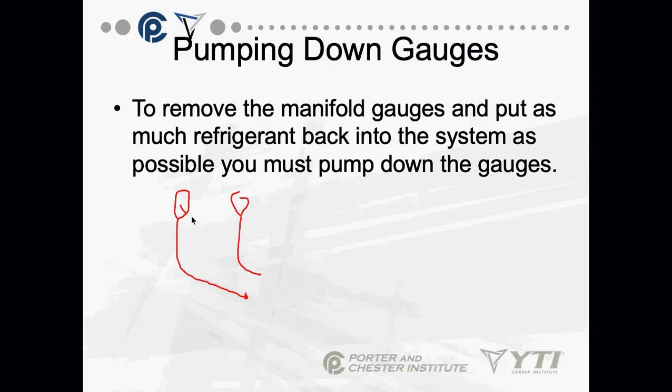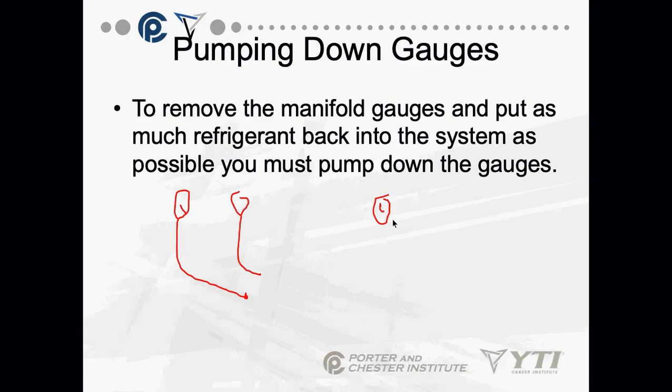So the whole purpose of this is that we have to be able to take these hoses off a system while losing the minimal amount of refrigerant. Now, thinking of where we put these gauges on the system, I have a low side hose and I have a high side hose. We have my compressor up here.